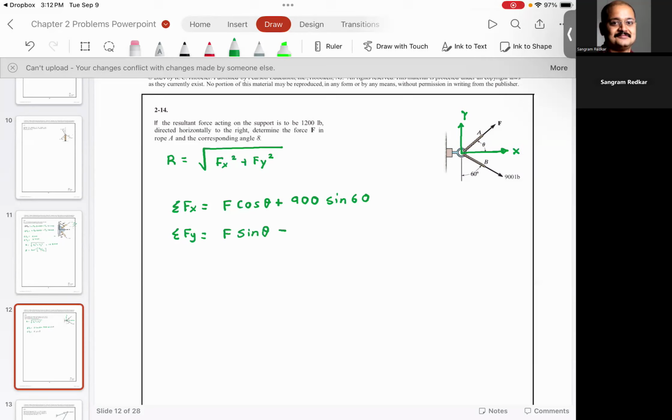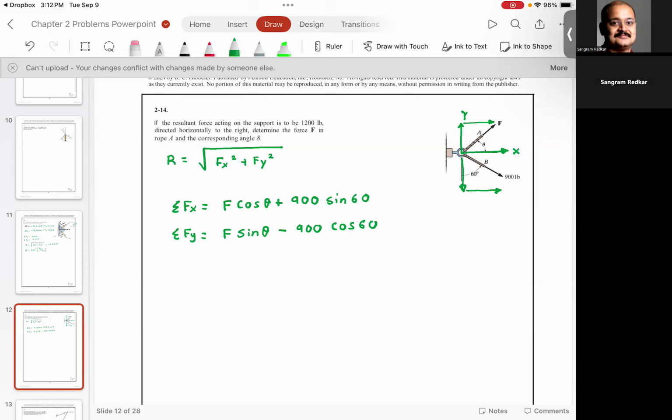And please note it's going to be minus 900 cosine 60. Why minus 900 cosine 60? Because if you look at the component of 900 pounds, it is going in this direction. If you look at the component of F, it is going in this direction. So the component in the y direction, 900, is opposite to the positive y-axis.